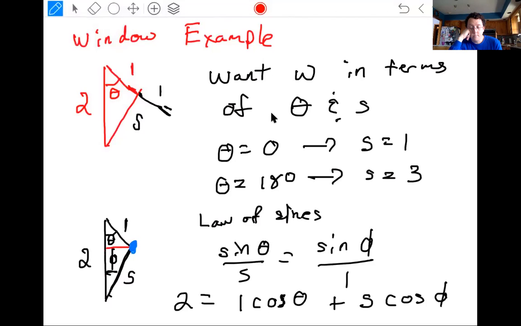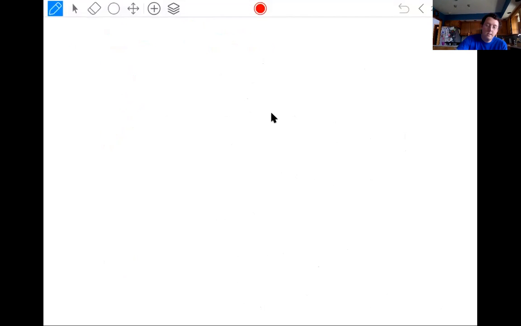And what that tells me is because phi is never greater than 90 degrees, cosine of phi is always positive. And that's really the fact I'm going to use here. So because cosine of phi is always positive, it's actually strictly greater than 0, but that's okay.